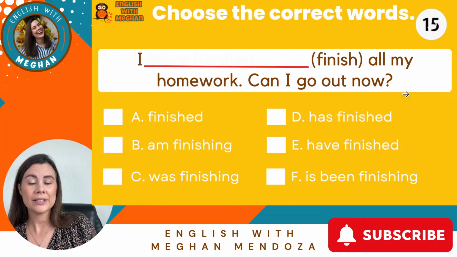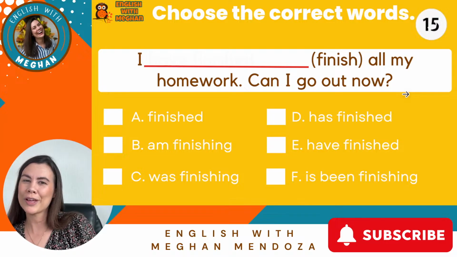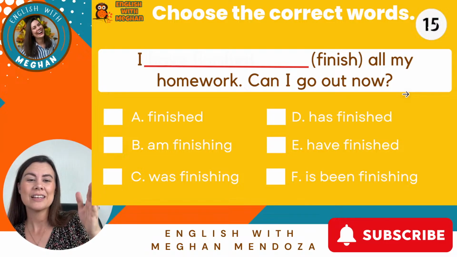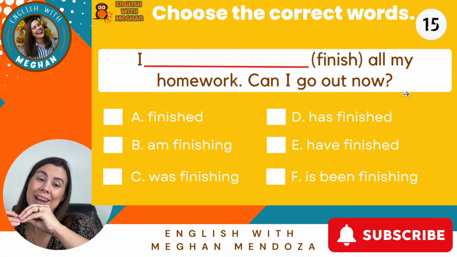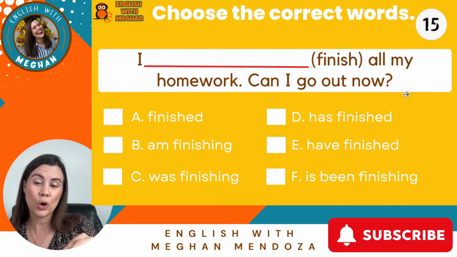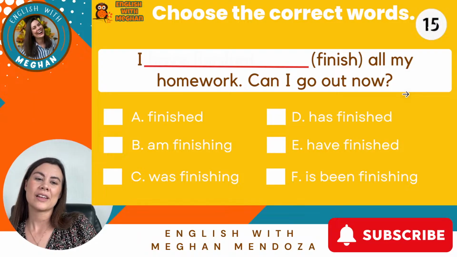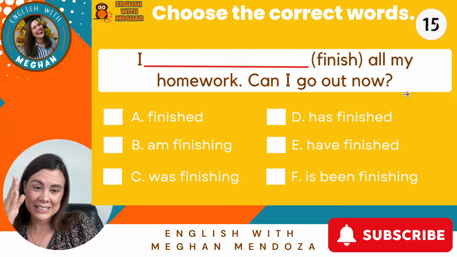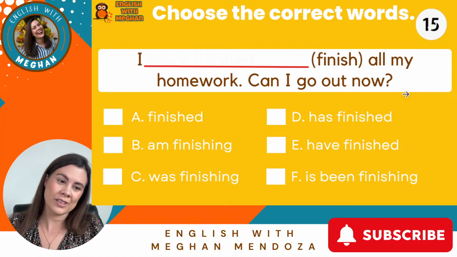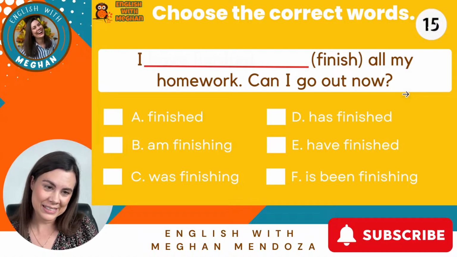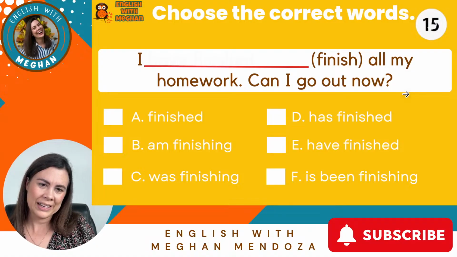You couldn't say, I have been finishing all of my homework. No, that doesn't make sense because we use the present perfect continuous for an action that keeps going, right? That is ongoing. This one, it's done. It's something that happened in the recent past. It's done.